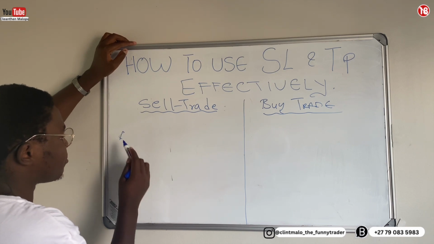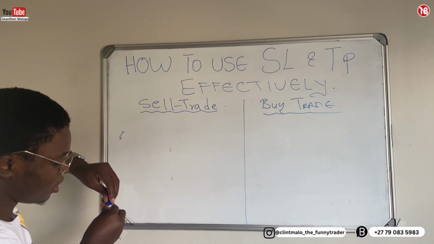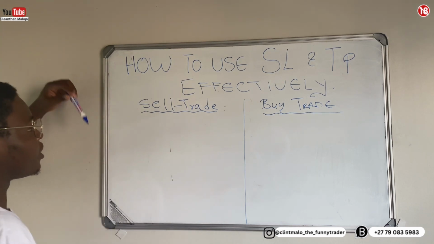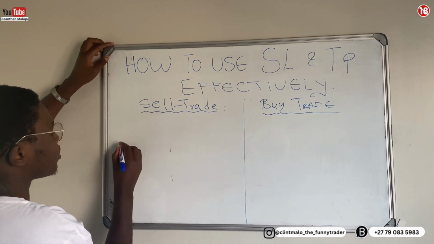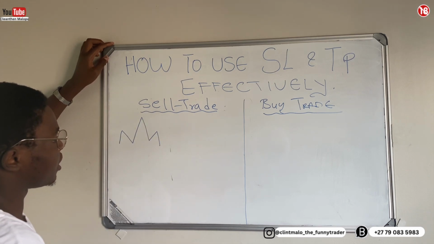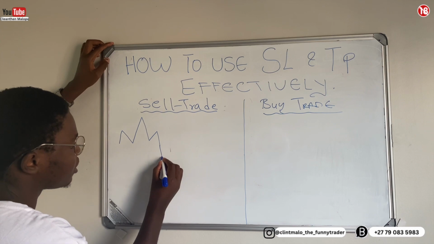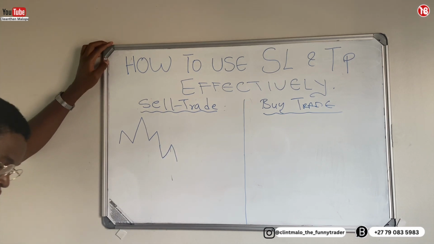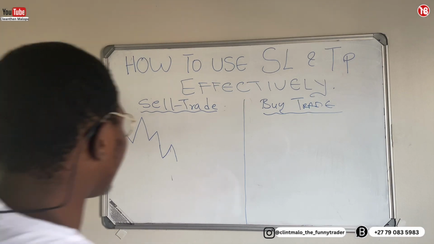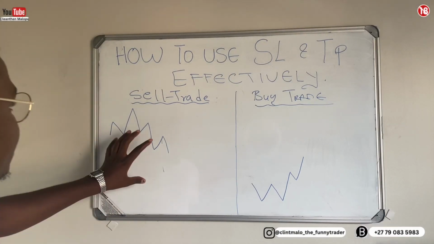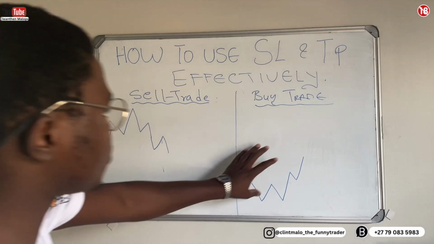So let's have an illustration of what a sell trade will look like. You remember this. I'm not going to talk much about this, but you'll remember what this is. Let's go ahead and illustrate what a sell trade will look like. I will put a marking on it so you can quickly understand what's going on. As you can see, this will be a sell trade and this will be a buy trade.